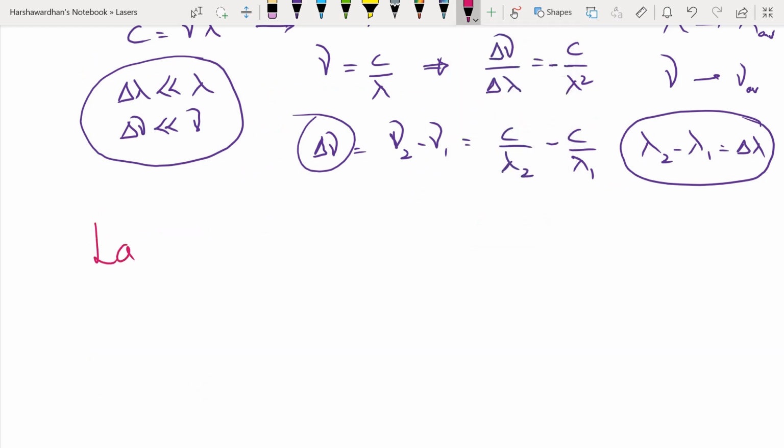In lasers, we will see that the radiation coming out of a laser is reasonably unaffected by the thermal noise which is surrounding us. That is, if I'm looking at a temperature of roughly room temperature, 300 Kelvin, the typical energy associated with that, which you should remember, is 1 over 40th of an electron volt.